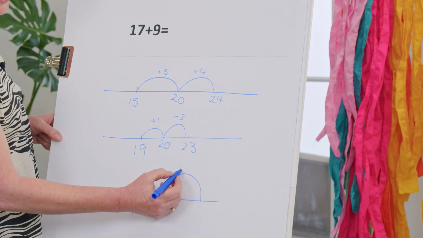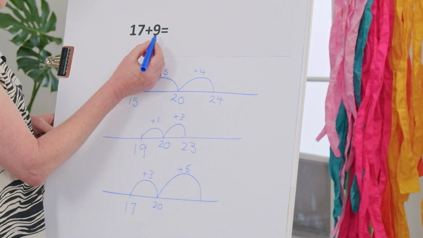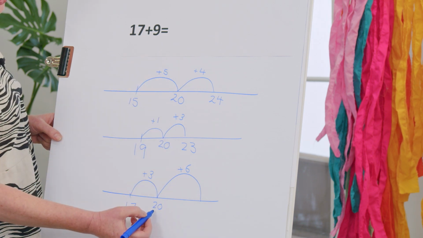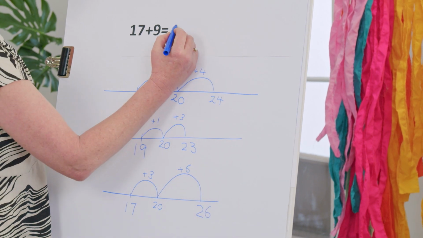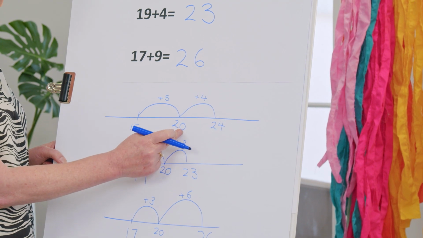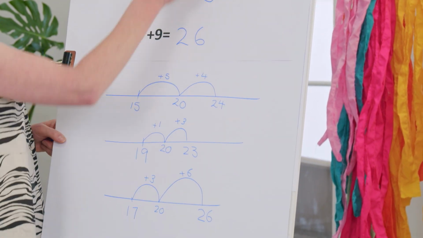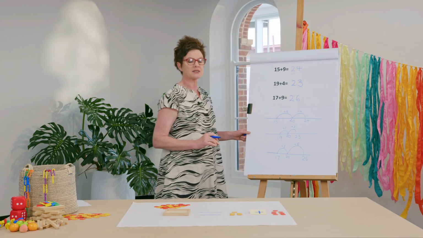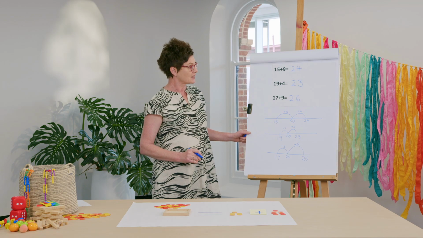I need to add 6 more. 3 and 6 will make 9. 20 add 6 is 26. So there, my friends, is bridging to 20 and continuing to add so we can get those number lines and the number sentences efficiently and accurately.